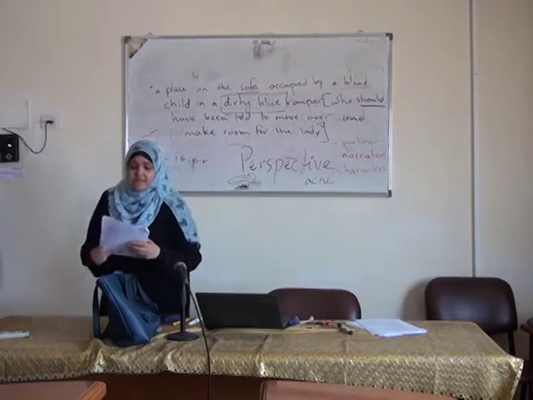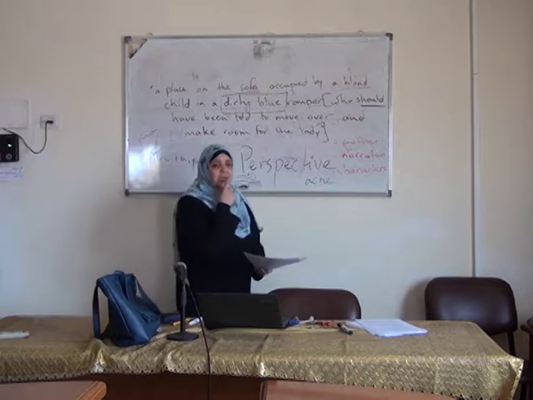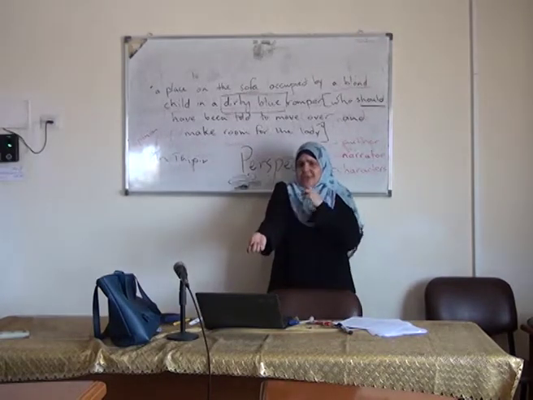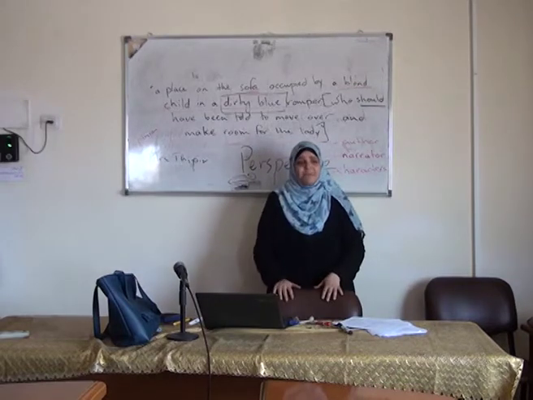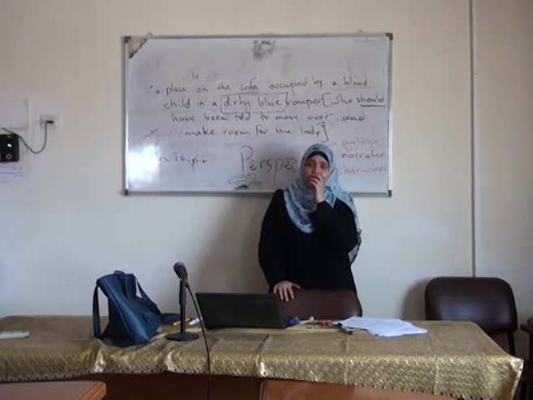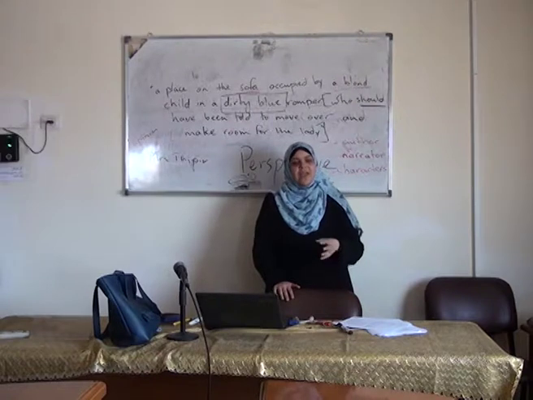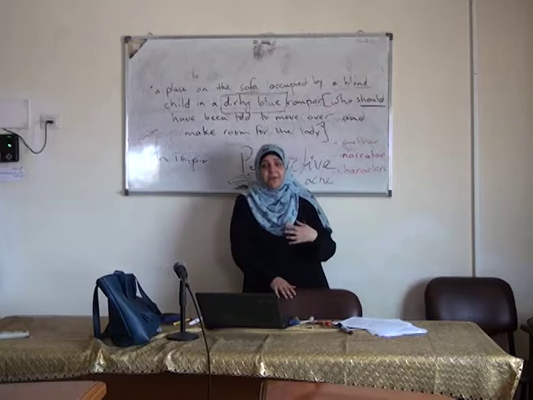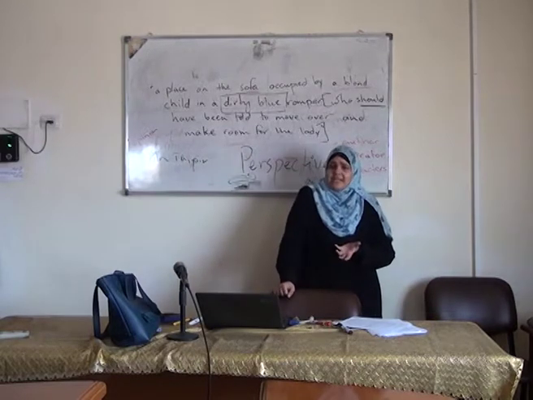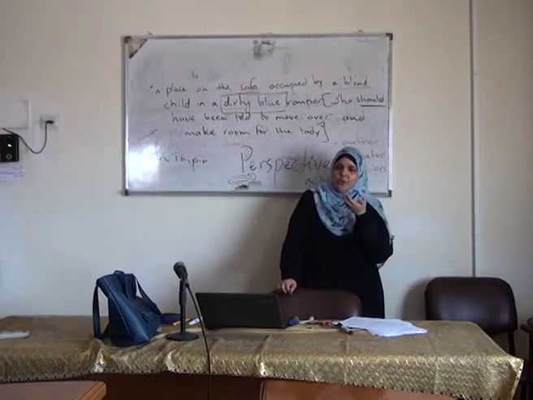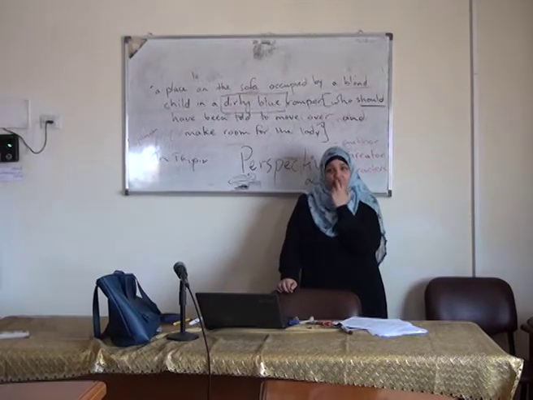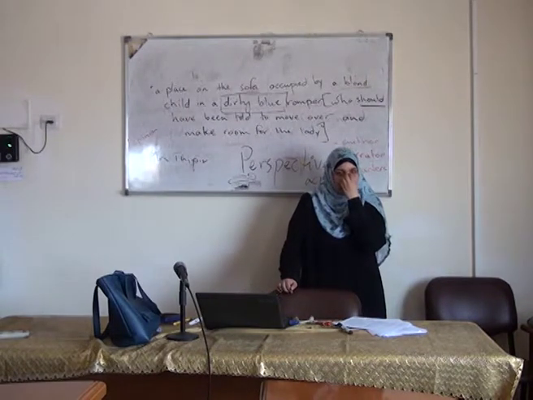The narrator says, and the rims of her lips were stained with snuff. You know a stain? If you have a stain on your clothes, a dot. So stained with what? Snuff. Now snuff here, I think it could refer to drugs. It doesn't necessarily refer to drugs, but the impression I got while reading is that when drug addicts put drugs into their nose, usually what gets dirty other than their nose?